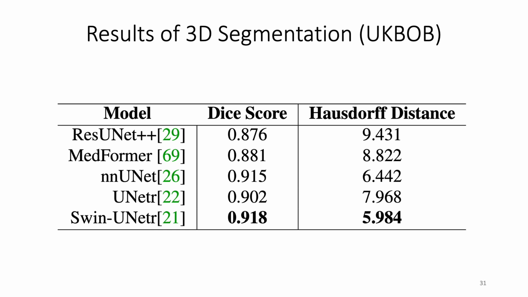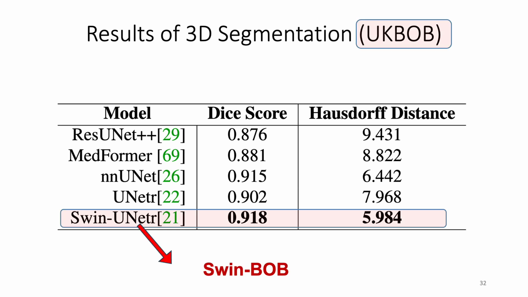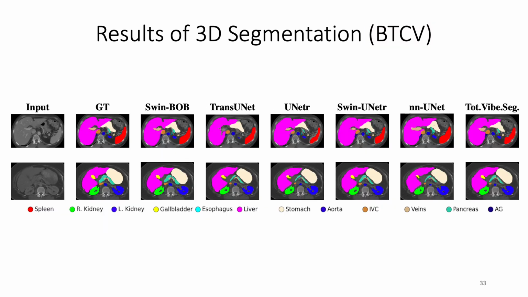Here we show the results of the different networks trained on the UK Biobank and tested on the validation set of the UKBOB dataset. You can see that the SWIN Uniter achieved the best results, and this model trained as SWIN Uniter on UKBOB, we call SWINBOB, and this is our foundation model proposed in this work.